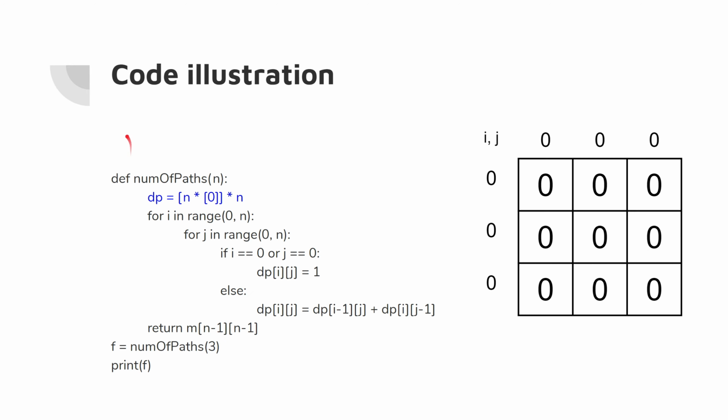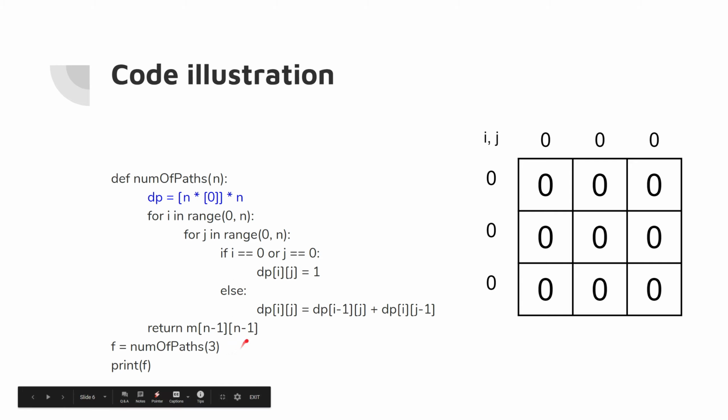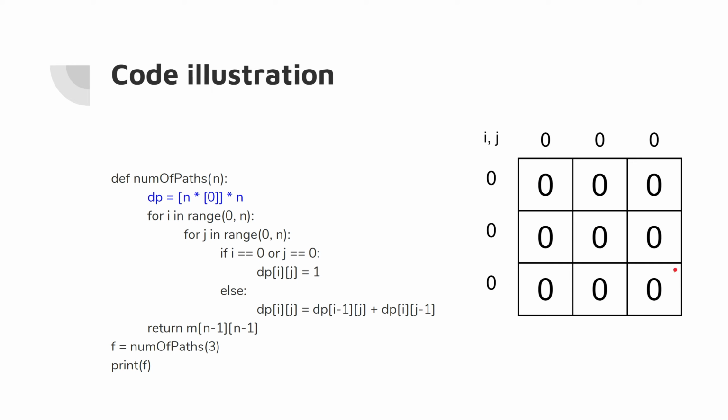For code illustration, the function num of paths takes the input of n, which is 3 in this case, and the output is how many different ways it takes from top left to bottom right. It won't show the different ways, it will only show how many different ways.